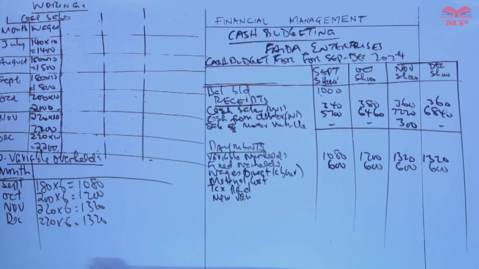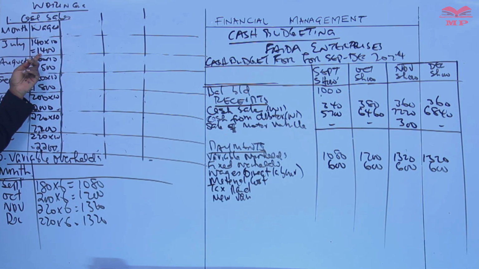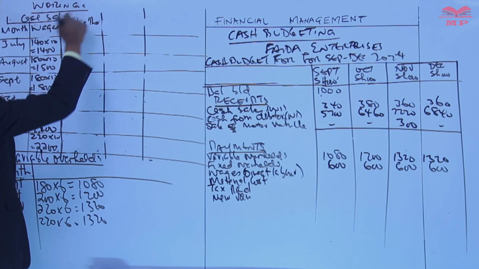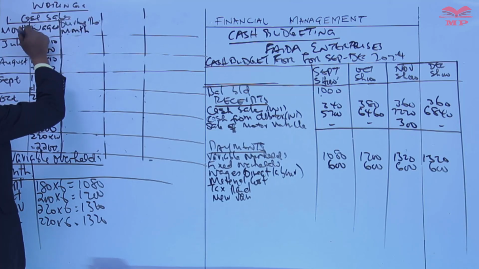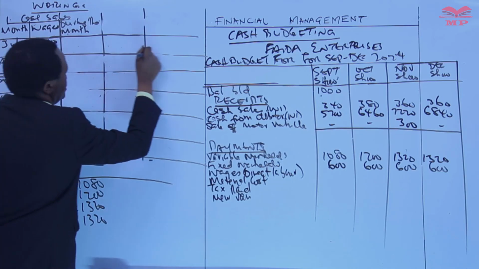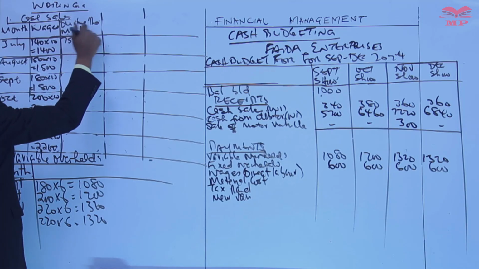Then we have the information that wages are paid 75% during the month in which they are earned. So in the month of July, 1.4 was earned. Out of this 1.4, 75% was paid during the month. How much was paid during the month? 75% times 1400.